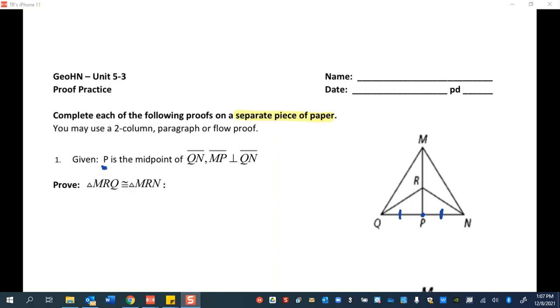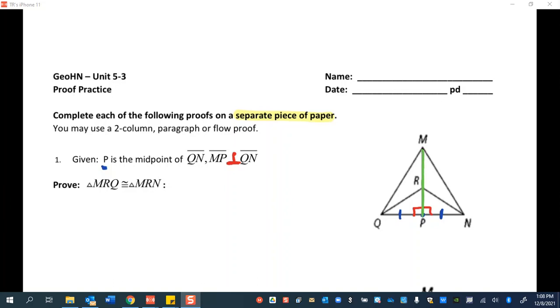If they tell me that MP and QN are perpendicular, then I know these are right angles. Now later on in my proof, I'm going to have to talk about how I know what I know, but for now I'm just talking to my diagram. All right. Good old reflexive property never fails.